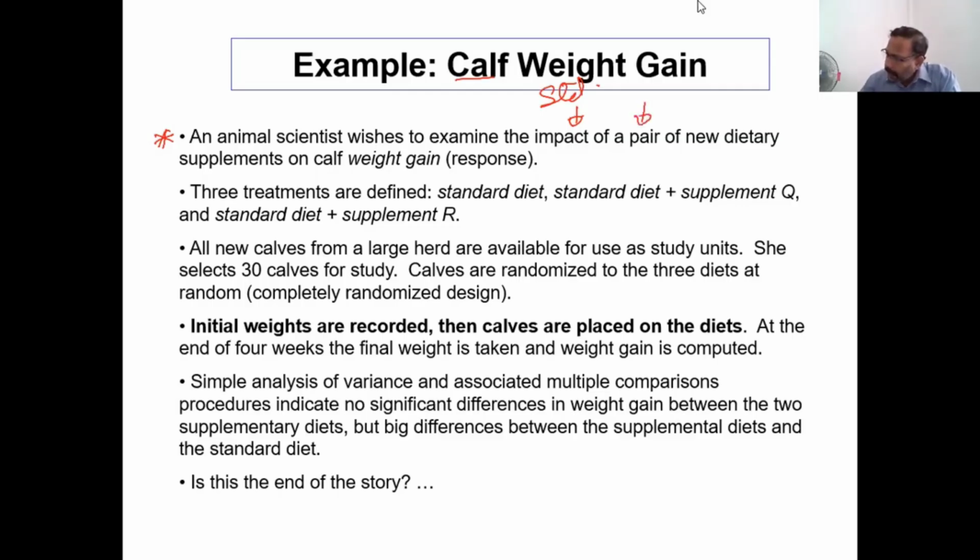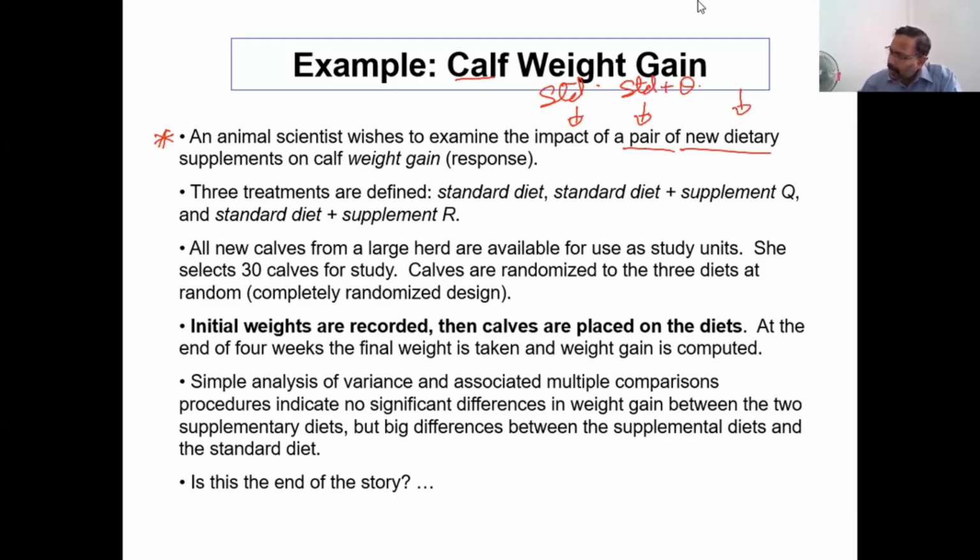So the first new diet, because we have two new diets they are introducing, a pair of new diets. That means two new diets they are planning to implement. Now we have a standard diet. In the future, they are planning to introduce a new diet, standard diet with supplementary Q, that is one new diet.